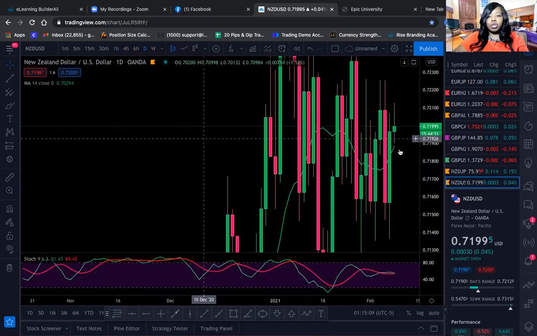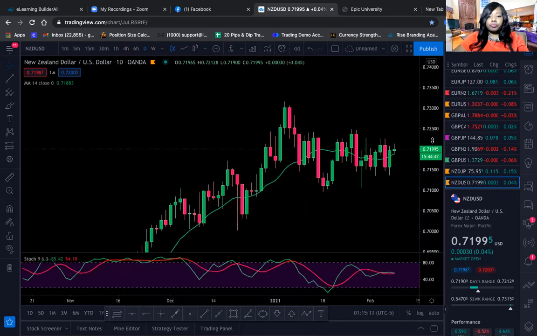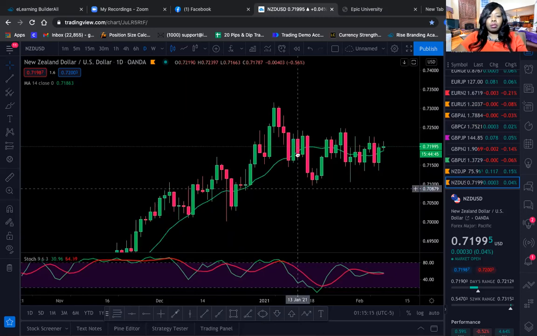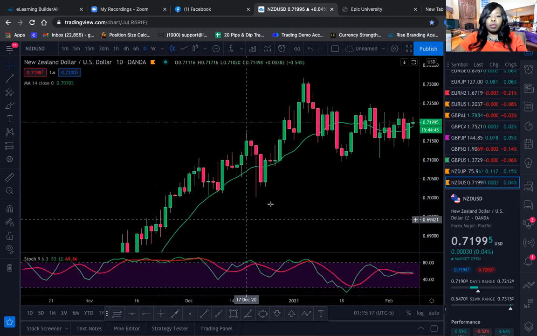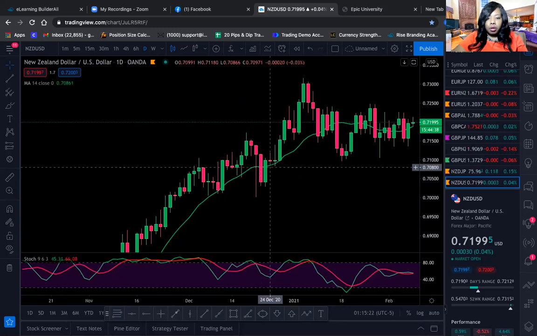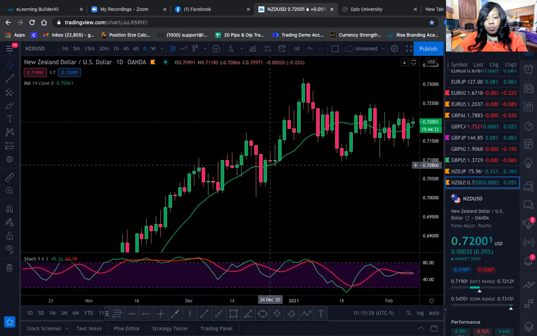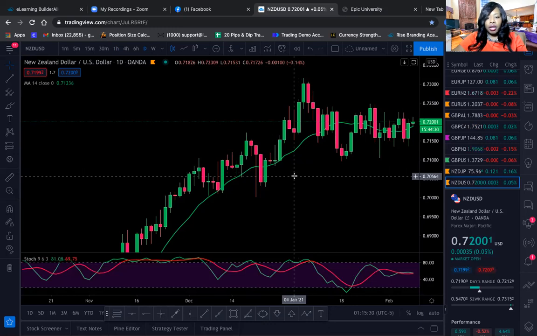Let's put it on the day chart. Each one of these candlesticks on the day chart took one day to make. This is the movement of one day. You see here this little doji candlestick. This is where the market couldn't decide what it wanted to do, so it didn't do much for that day.